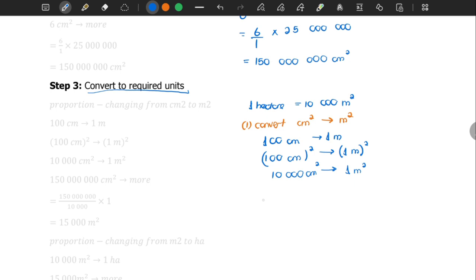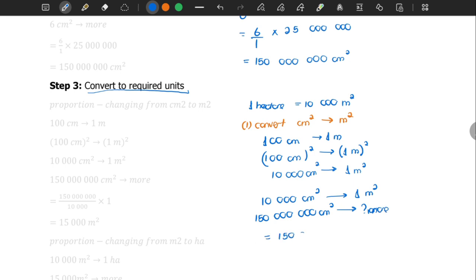So if we know that 10,000 centimeters squared is equivalent to 1 meter squared, then what about 150 million centimeters squared? That's going to give us more meter squared.